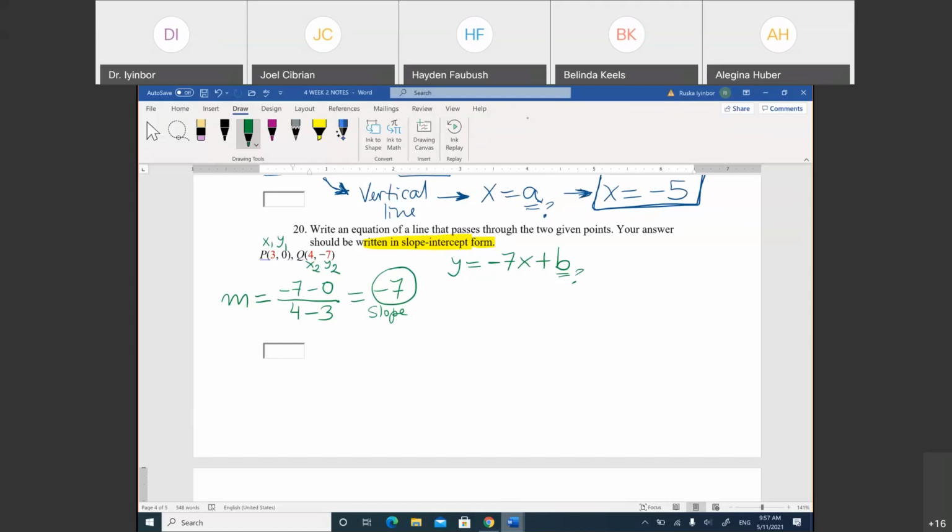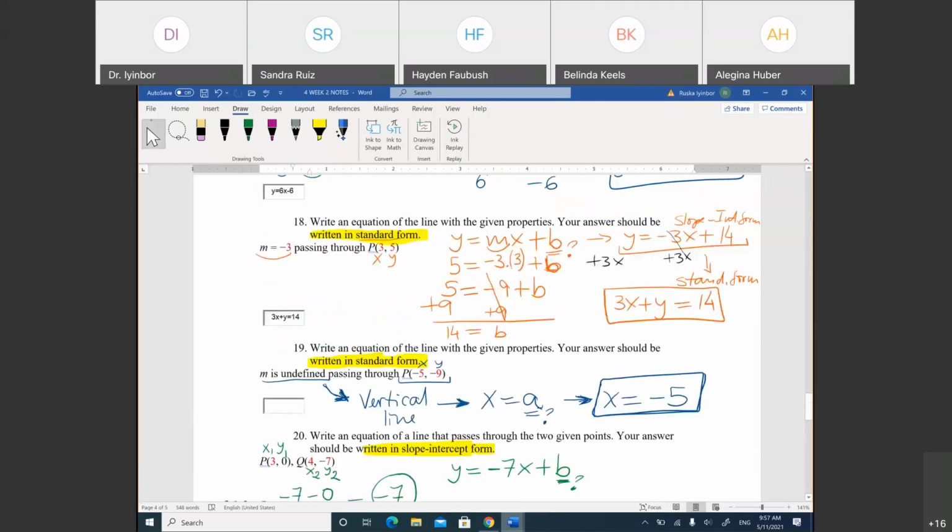Where are you going to get x and y from? Are you going to add the 7x to both sides? No. We don't need standard form. We need to find b. We need to find the number. What is the number for b? How are you going to find b?